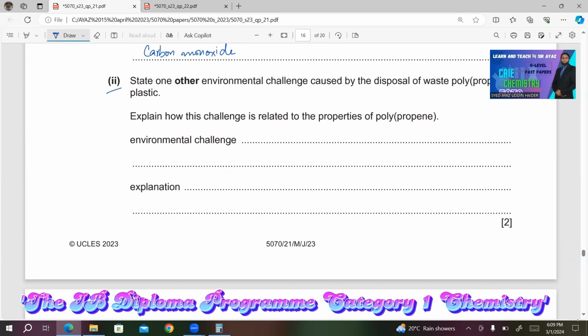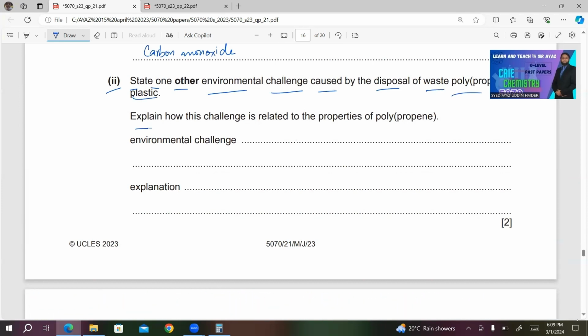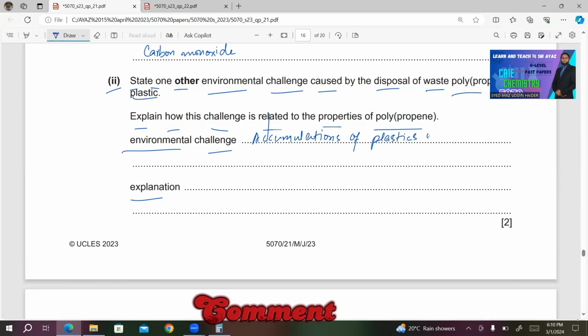Number 2. State one other environmental challenge caused by the disposal of waste polypropylene plastic. Explain how this challenge is related to the properties of polypropylene. You can have accumulation of plastics in the ocean, or landfill.